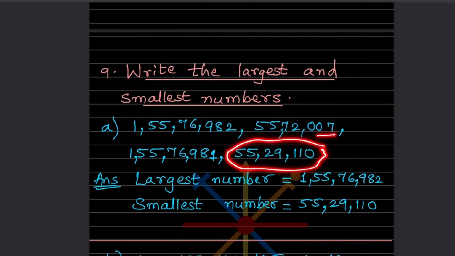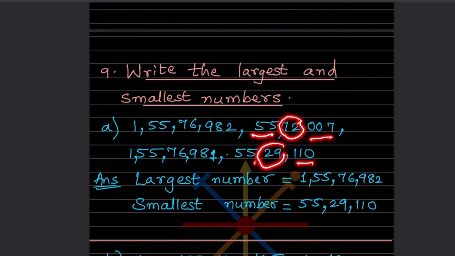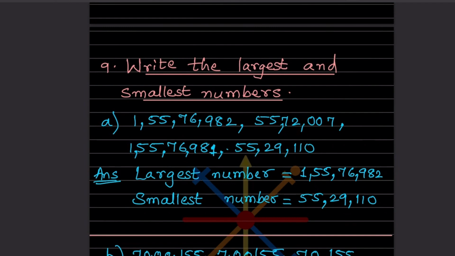Not only the last digits: in the previous one, only the ones place changed, so we just compared that. But here we cannot compare just up to these numbers, we have to see the previous numbers as well. And of course this 55 is the same, so we don't have to think over it. Okay, so this was the largest and the smallest number for the first one.